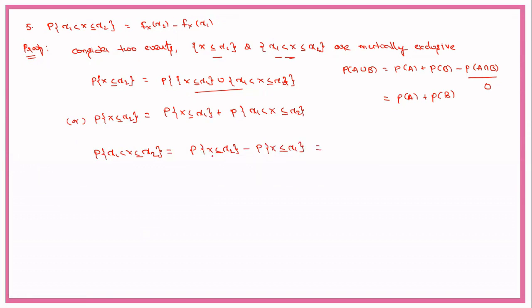You can write this as Fx of x2 minus Fx of x1 based on the definition of the distribution function. Hence, by taking two events, we prove that x1 less than x less than or equal to x2 is equal to Fx of x2 minus Fx of x1.